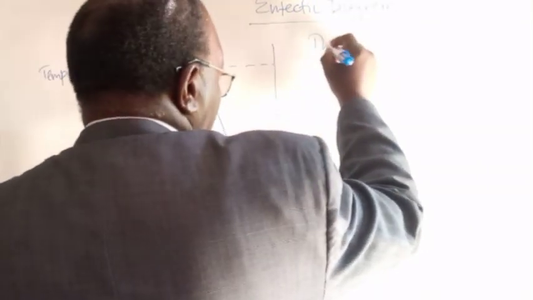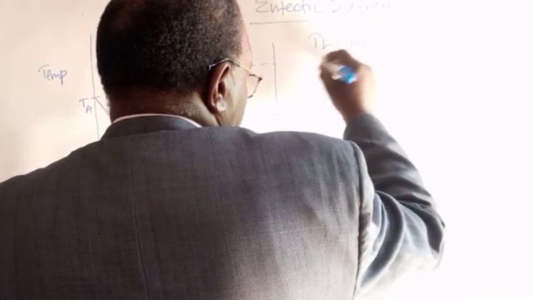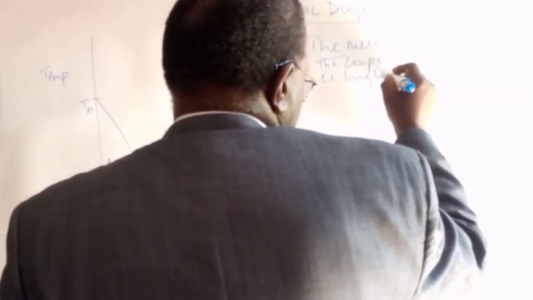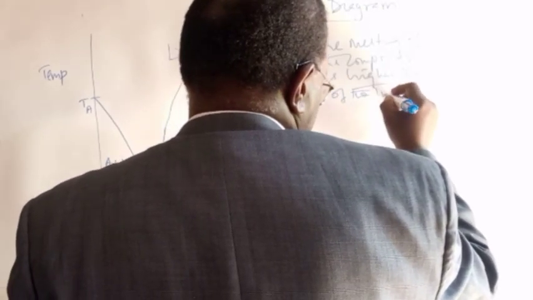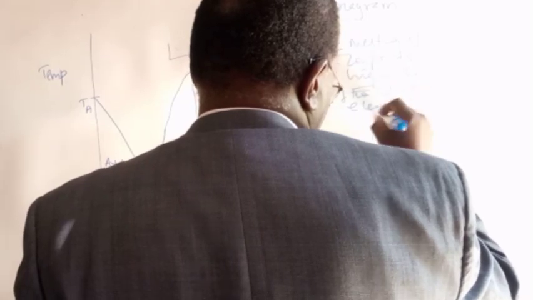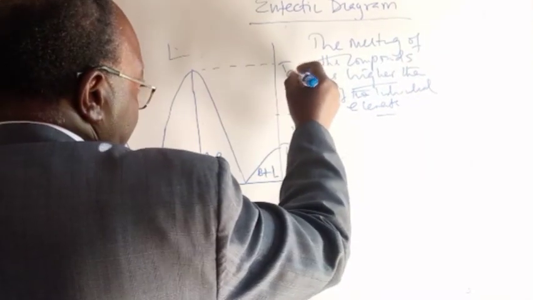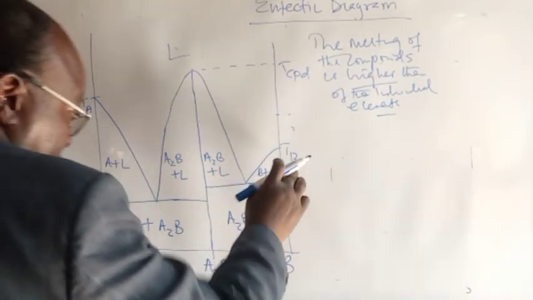Just note that the melting point of the compound is higher than that of the individual elements. So you see that the melting point of the compound, let's call it TCPD, is higher than that of A and that of B.